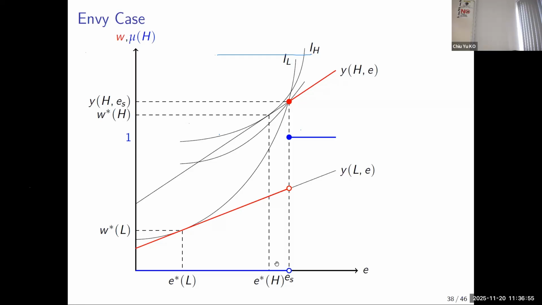Because if the low type, here we believe that if you have this education, you are low type. Okay, but we argue that it's not possible. What's the case? So you send it here, right?